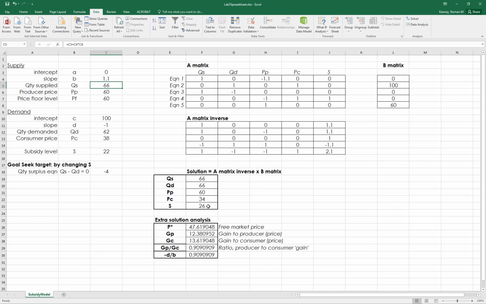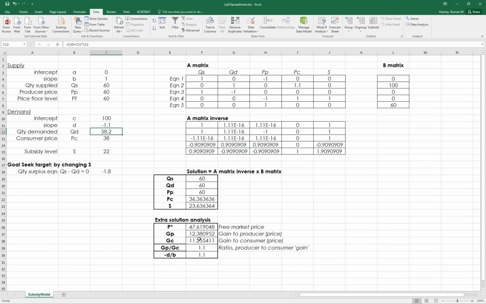The subsidy goes up, but the gain to producers relative to consumers is lower because now the supply is more responsive than demand. An easy way to reverse that and see if everything holds up is to make demand more responsive than supply. Now who gets the bigger share of the subsidy benefit?